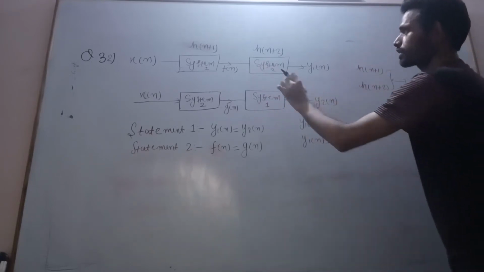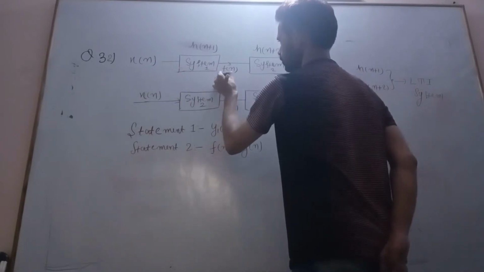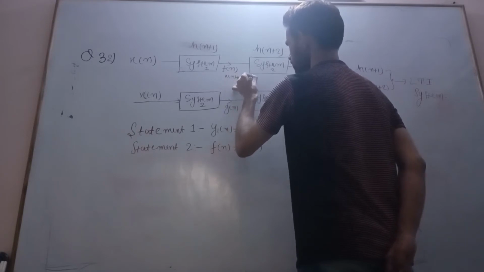Now f of n is nothing but x of n convolution h of n plus 1.